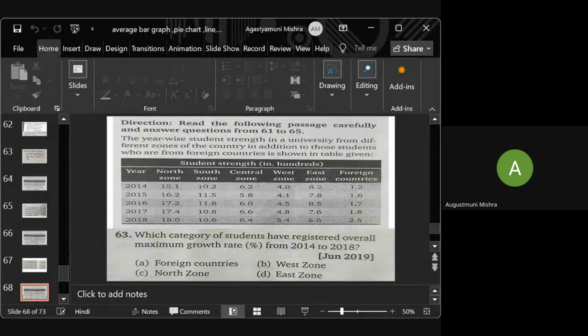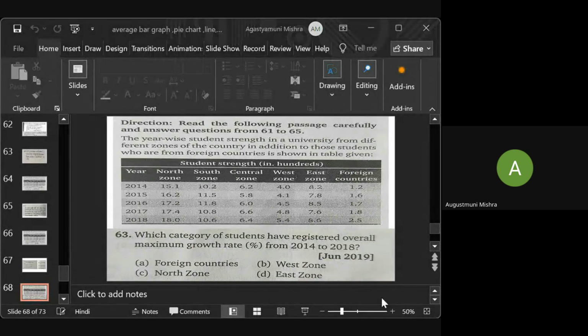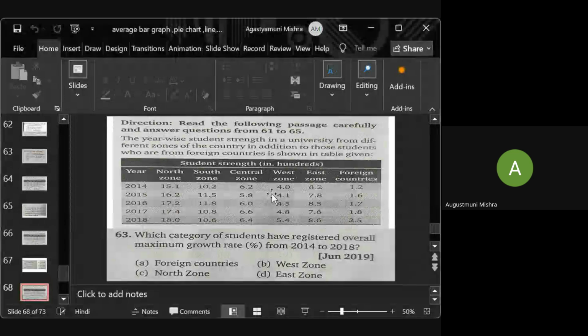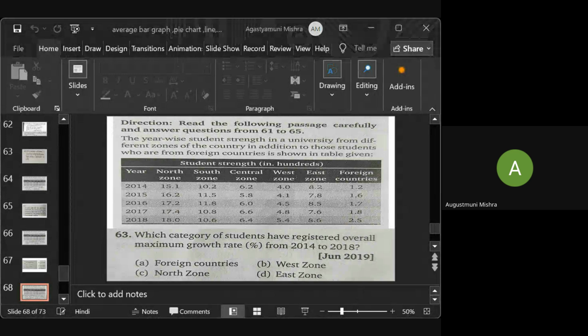Only 1 minute left, so you can just put your answer in the chat. Two responses we have, that is C. Okay, three responses we have.